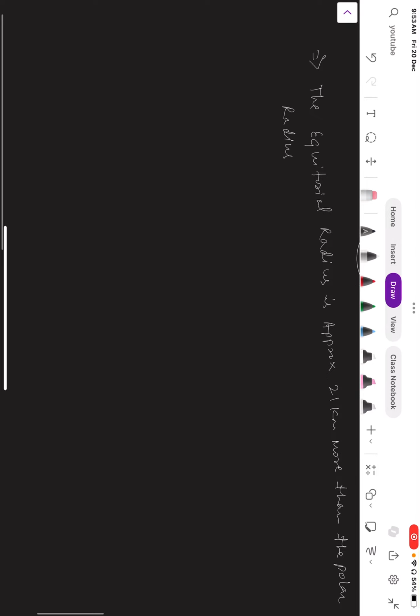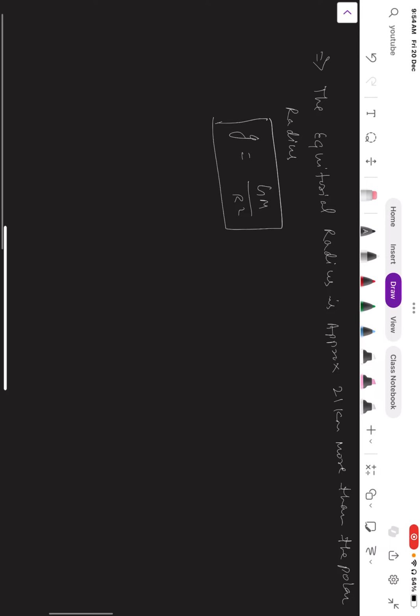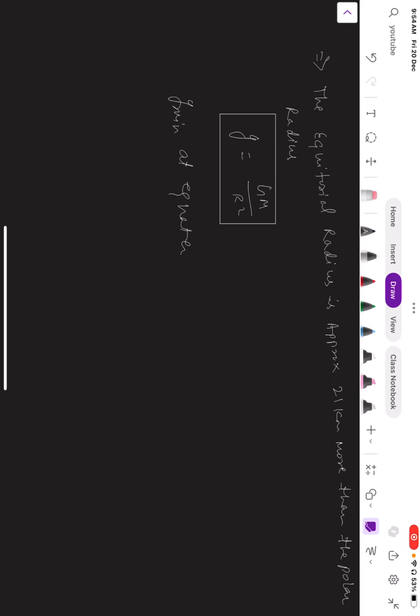So in this case the value of g is similar to what we derived right now, that is g m by r square. This is the formula. So g is minimum at the equator, and g is maximum at the pole.